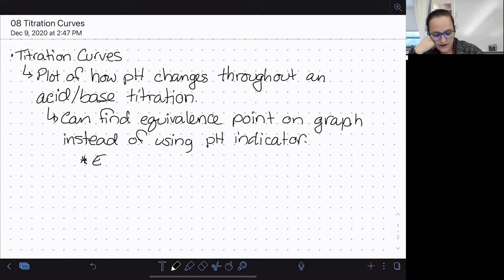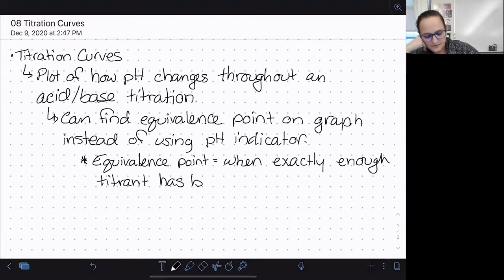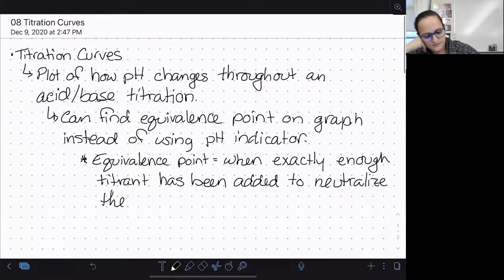let's actually define that. Our equivalence point is when exactly enough of our titrant, whatever is in our burette, whether it be acid or base, has been added to neutralize the analyte, which is whatever's in your flask, with no excess.